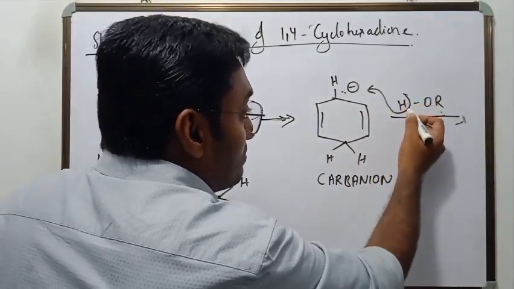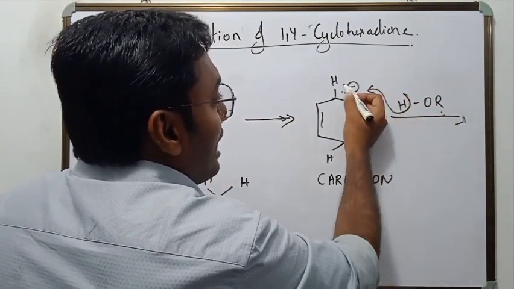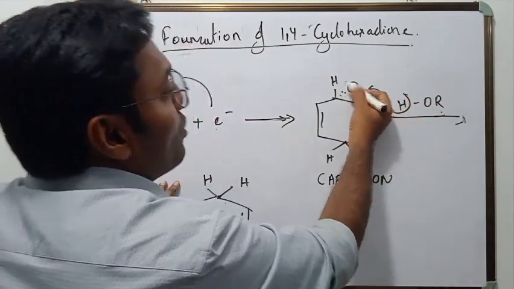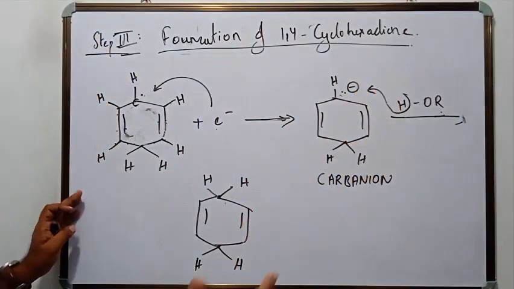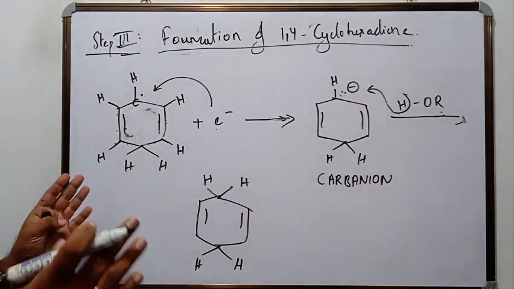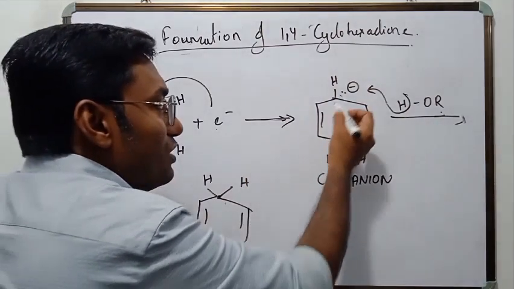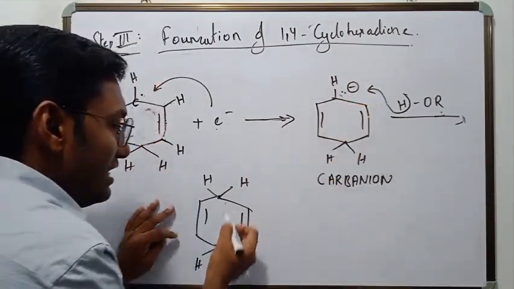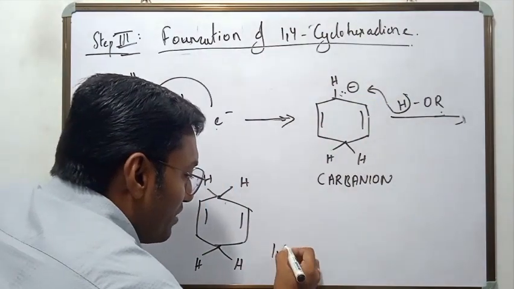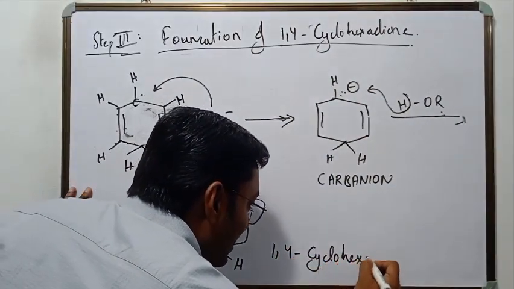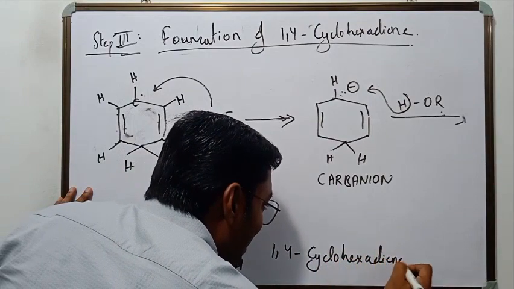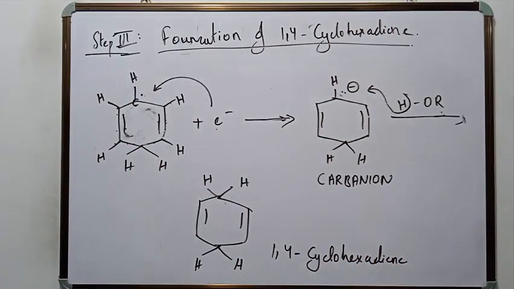H plus comes with the empty s orbital, accepts the pair of electrons in its empty orbital, and attains the configuration of helium, or the duplet configuration. Also, it makes a bond with the benzene ring, leading to the formation of our product, which is 1,4-cyclohexadiene. So that is how we get 1,4-cyclohexadiene. I hope it is clear to you. I hope the mechanism part is clear to you.